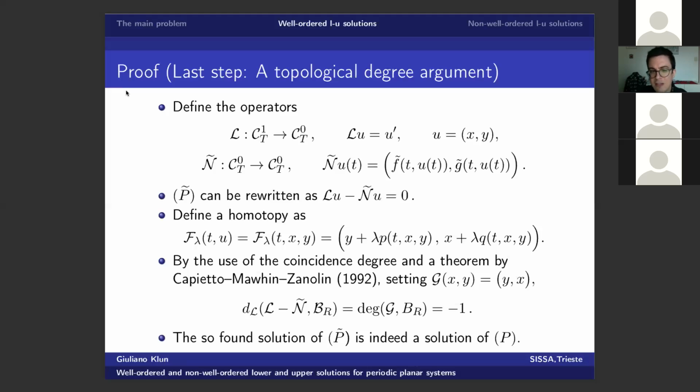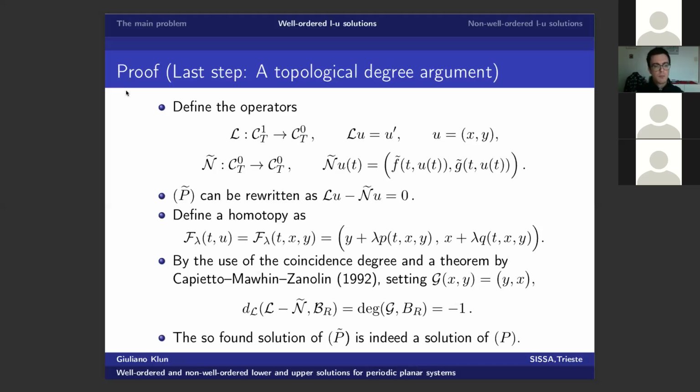But this degree is nothing but the determinant of the matrix associated to the linear transformation that maps x to y and y to x, and this is -1.